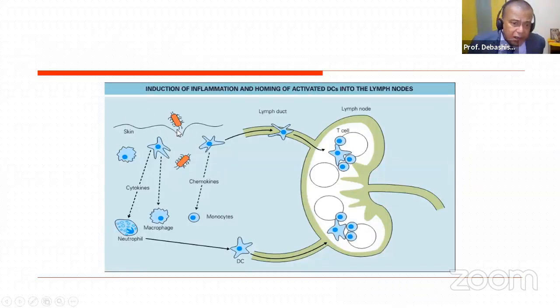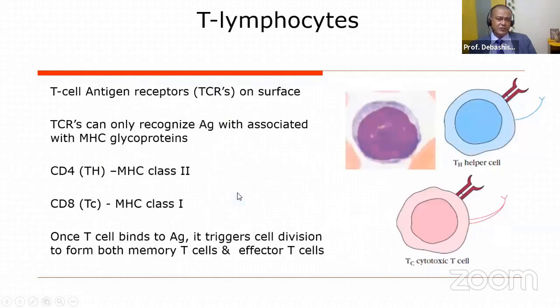So when bacteria go under the skin, dendritic cells release cytokines to activate neutrophils and macrophages. They also produce chemokines to act on monocytes to produce further macrophages, and these macrophages and dendritic cells eventually go into the lymph nodes where they present antigens to the T cells to produce an immune response.